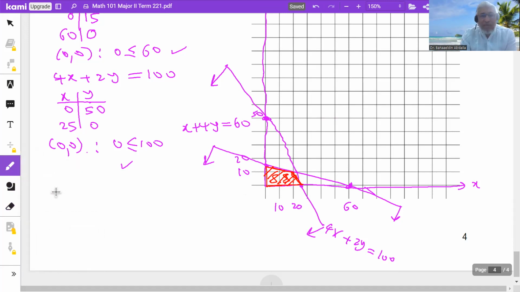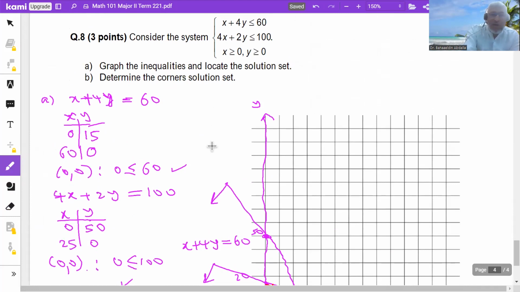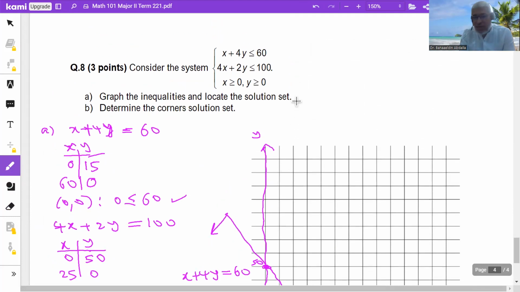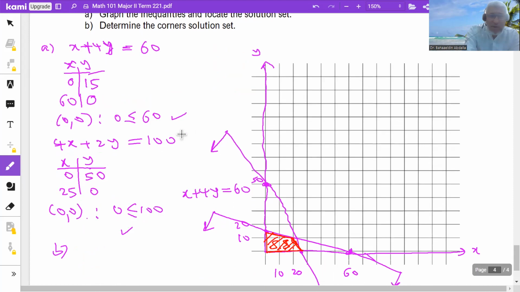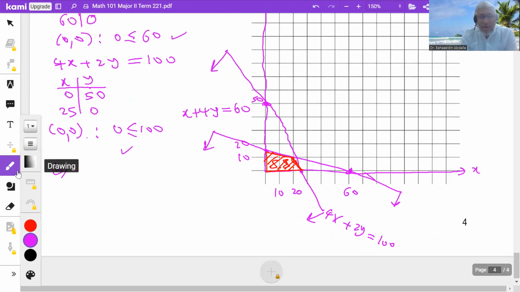Now what is the answer of part B? In part B, he needs to determine the corner points of this solution set region. What are the corner points? Notice that we don't have an objective function to solve the system, but only give me the corner points. So you can see that we have actually 4 corner points here.